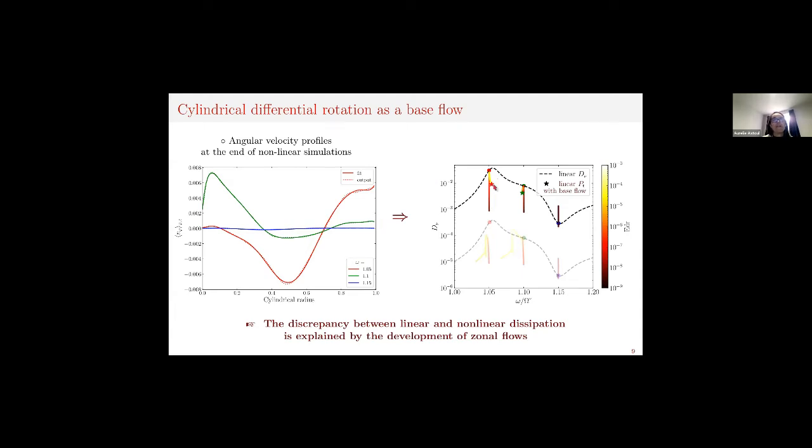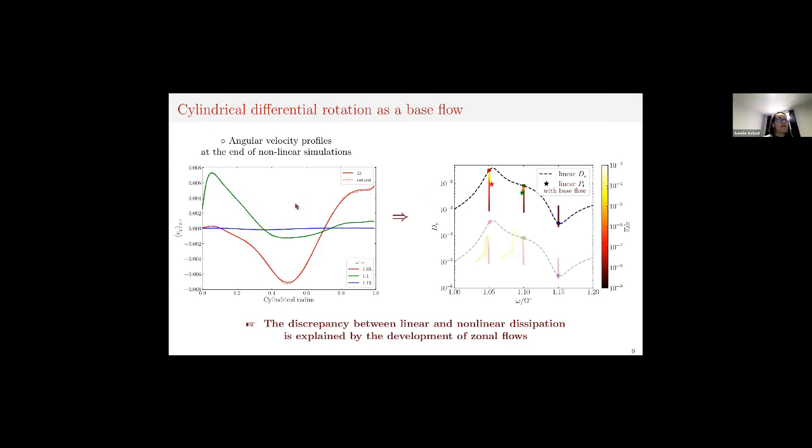And what we find is that the tidal dissipation rate at the end of the nonlinear simulation really matches the energy injected by tides in the linear simulation with shear zonal flow. And what does it mean? It just means that this is really the installation of zonal flow that is mitigating this tidal dissipation.